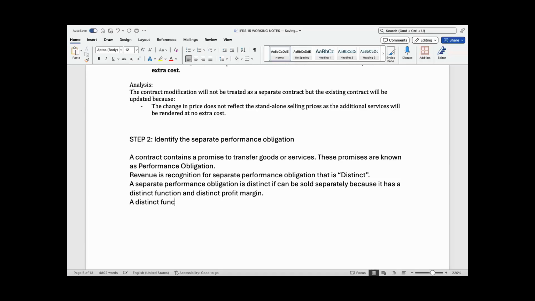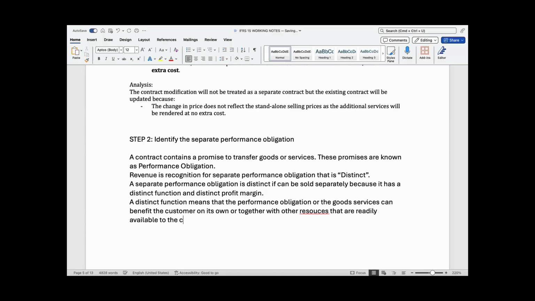So a distinct function means that the performance obligation, or what we call the goods or services, can benefit the customer on its own or together with other resources that are readily available to the customer.